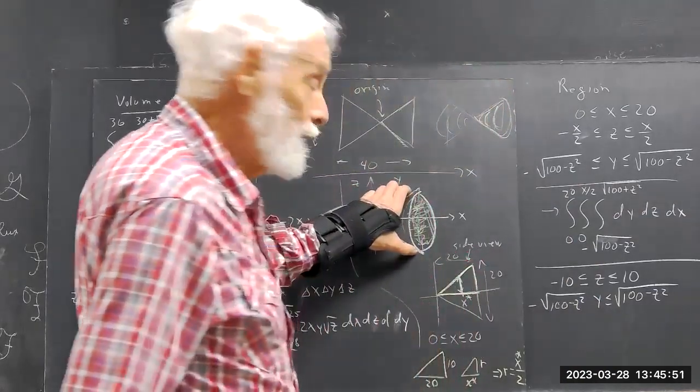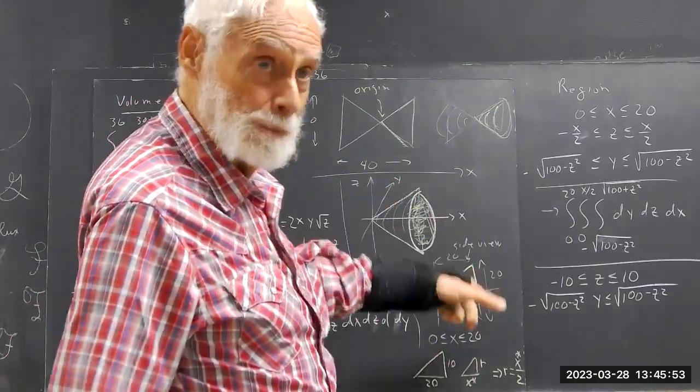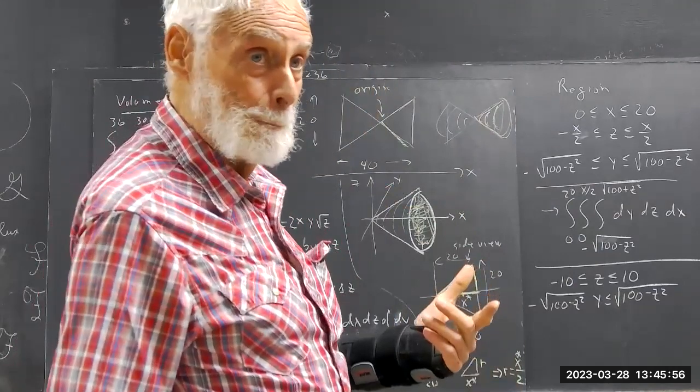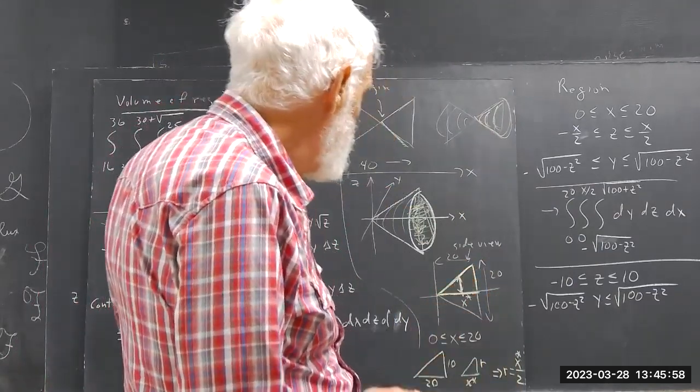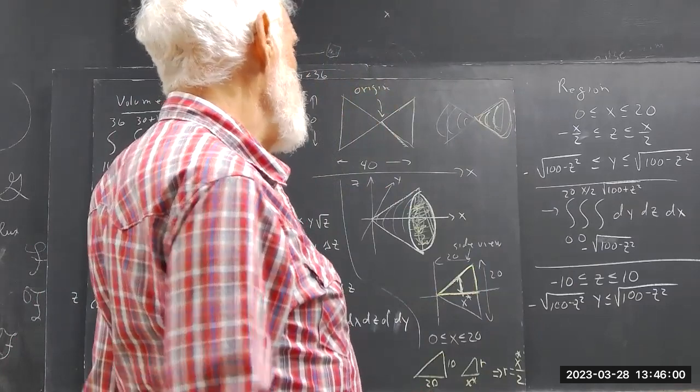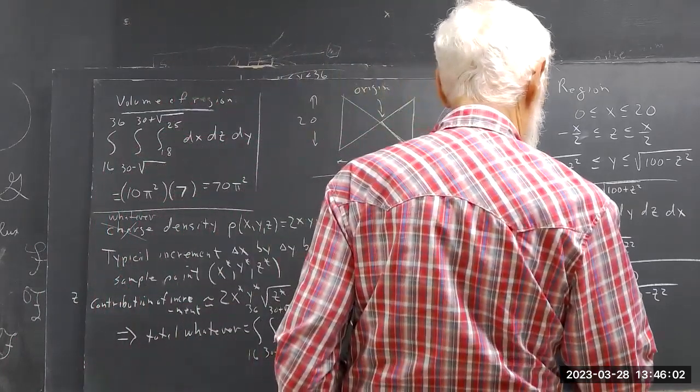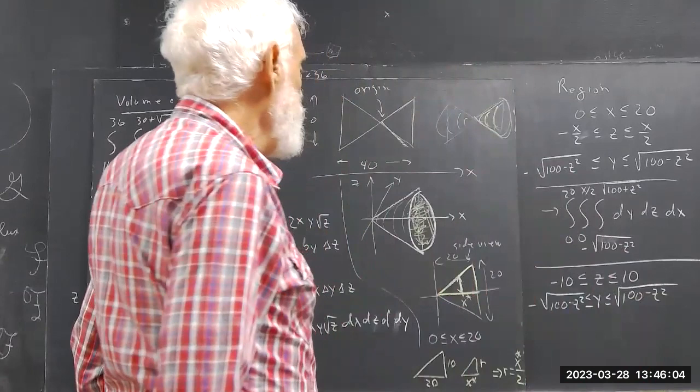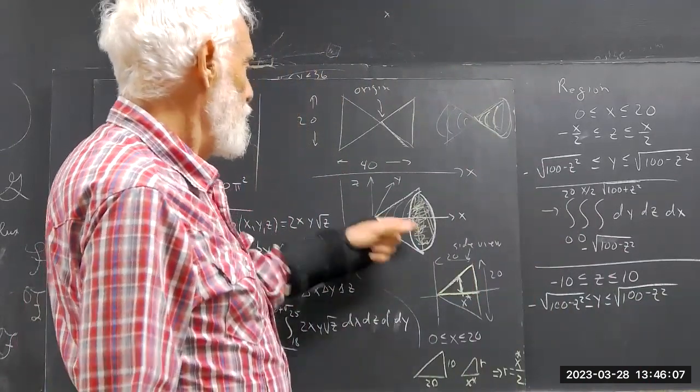Now, it also describes this region if you let x equal 20. But then what happens to x?